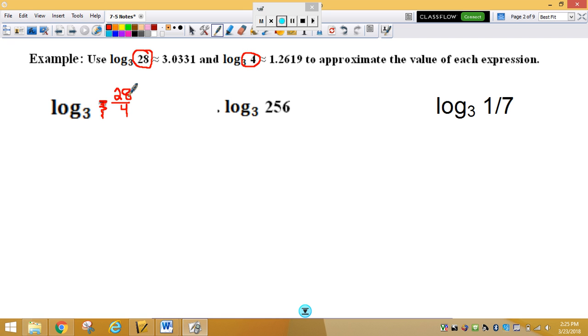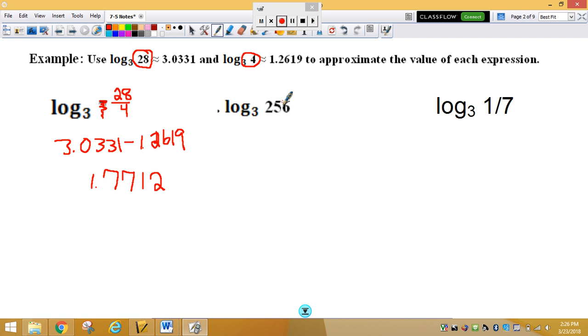So I know log base 3 of 28 is 3.0331. Divide means subtract. Log base 3 of 4 is 1.2619. Subtract those in your calculator and you get 1.7712.